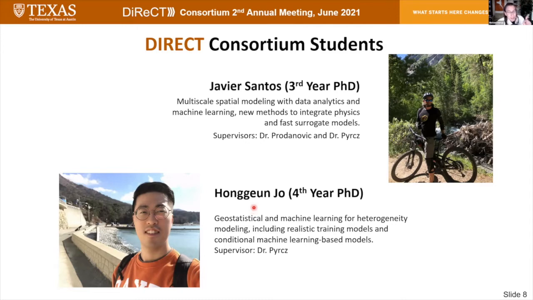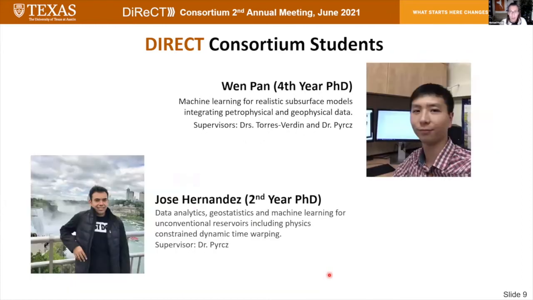But he's done it with the benefit of deep learning. And this has resulted in a lot of great developments. You're going to see today automated variogram modeling. You're going to see methodologies for production data integration. I'm not going to steal Honggong's thunder here, but I think this is going to dramatically change the way we're modeling the subsurface.